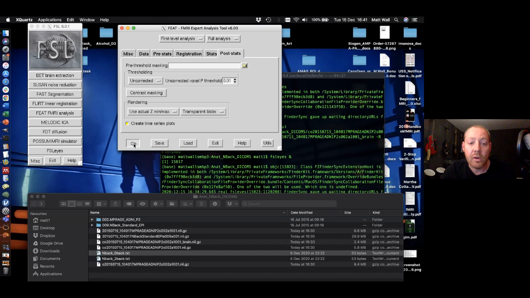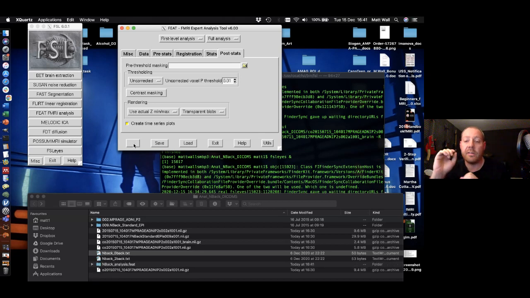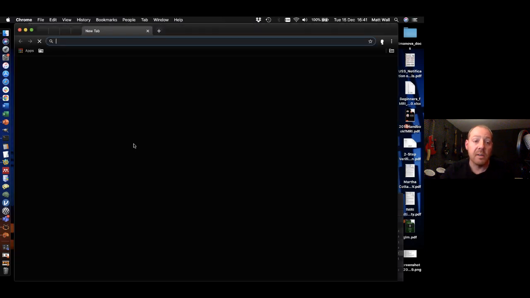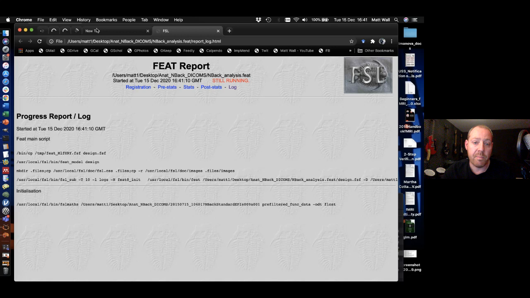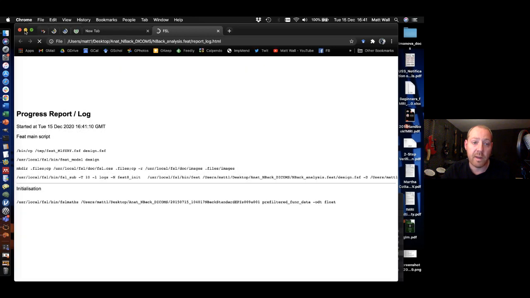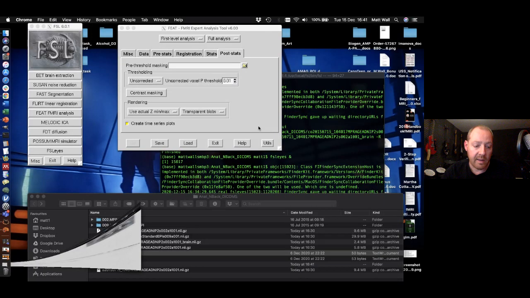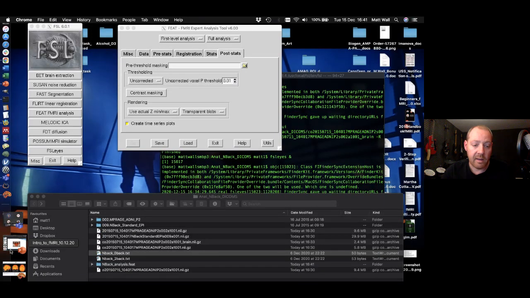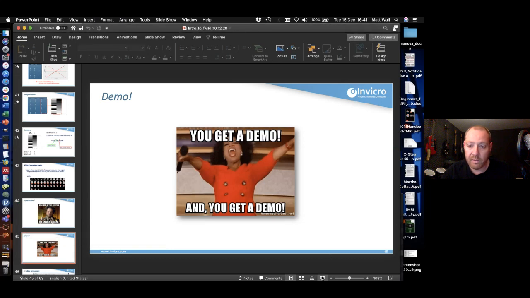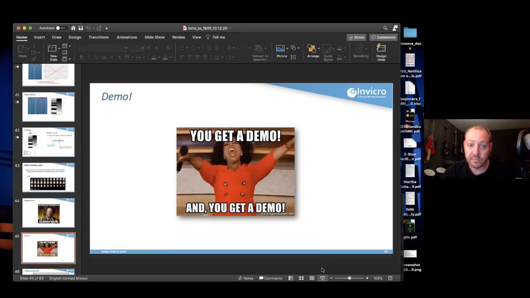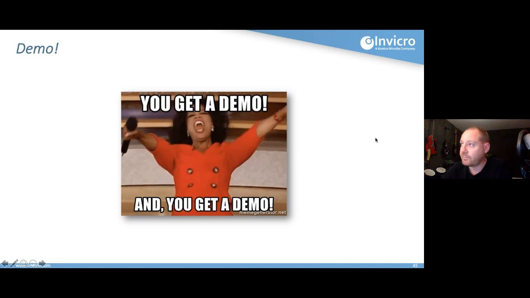So then we just hit go. So that's going to take 10 or 15 minutes to cook. It'll pop up a little HTML report which says it's still running, and this will gradually get filled in with all the results, but we'll come back and look at that later. And in the meantime, I'll get back to the presentation and talk about some other things. So we'll leave that running.